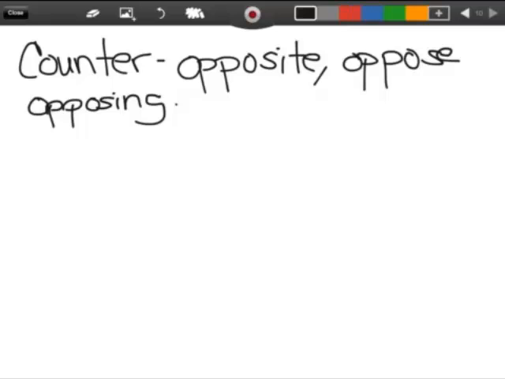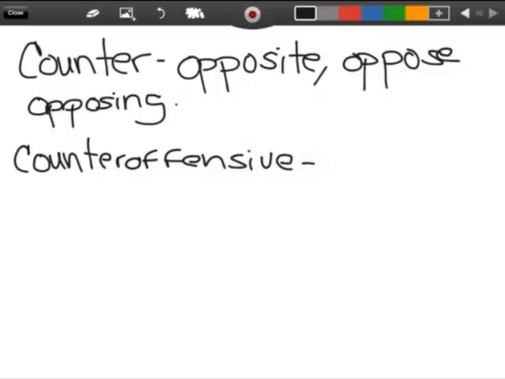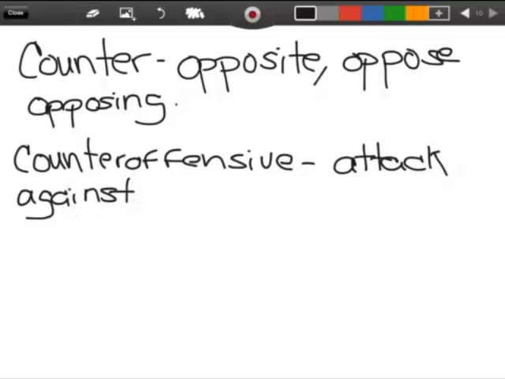I'm going to give you an example word here. One of them is going to be counteroffensive, meaning attack against, and attack.